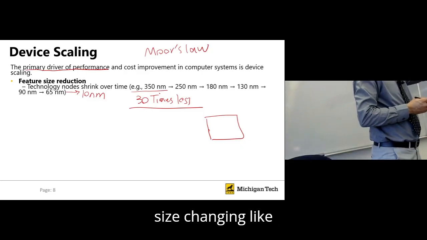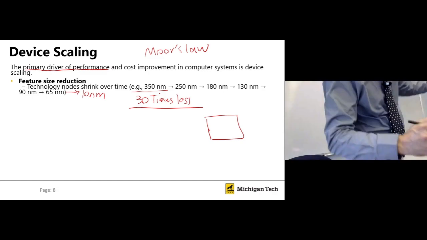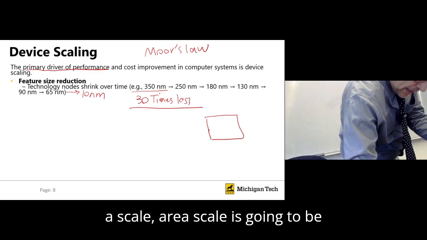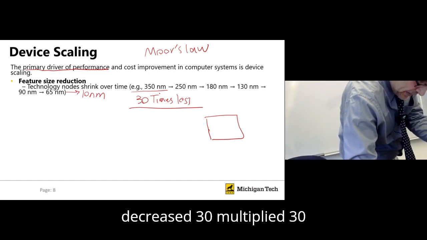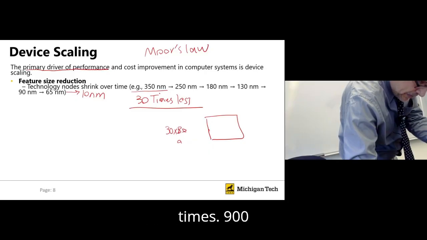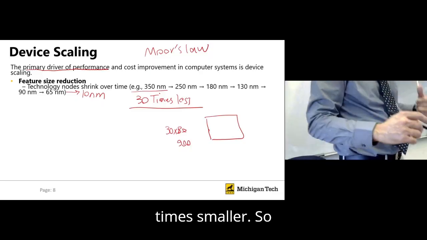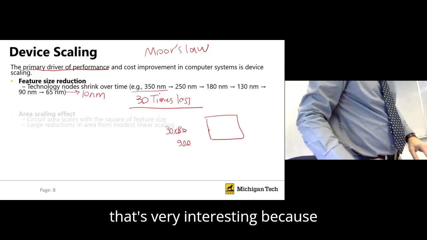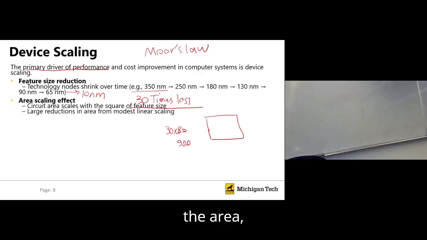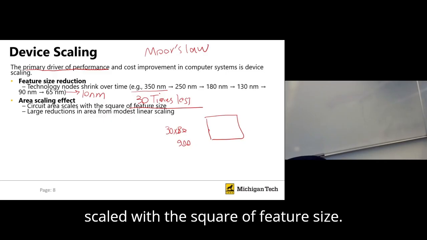When feature size changes like 30 times less, the area is going to decrease 30 multiplied by 30 times, 900 times smaller. That's very interesting, because the circuit area is scaled with the square of feature size.